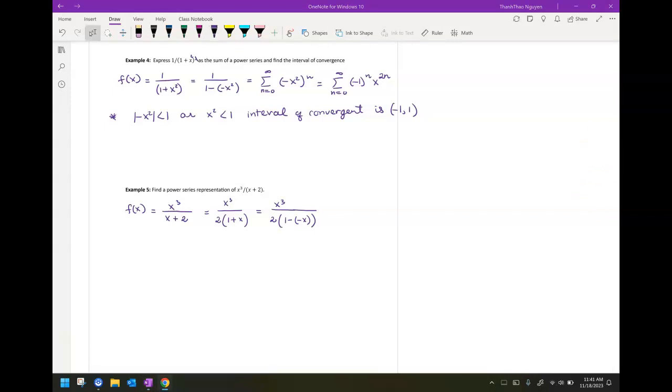So here we see that we have this written as x to the third divided by 2 times 1 divided by 1 minus negative x. I can rewrite this as the power series from n equals 0 to infinity of x to the third divided by 2 times negative x to the n.